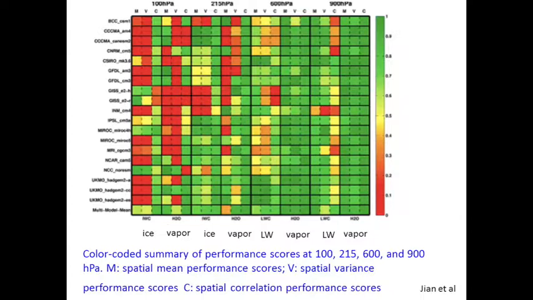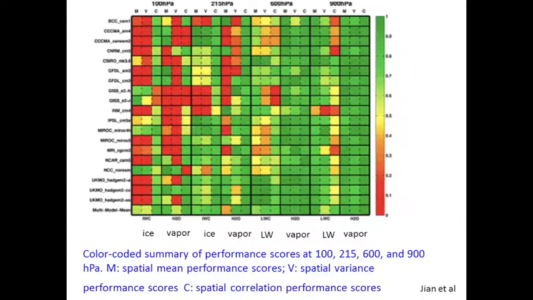So here each one is with ice vapor at very high, 100 hectopascal, very high in the atmosphere. This is 215, and this is 600, and this is 900. And here we can see the mean, the spatial mean value, the variance, and the correlation.